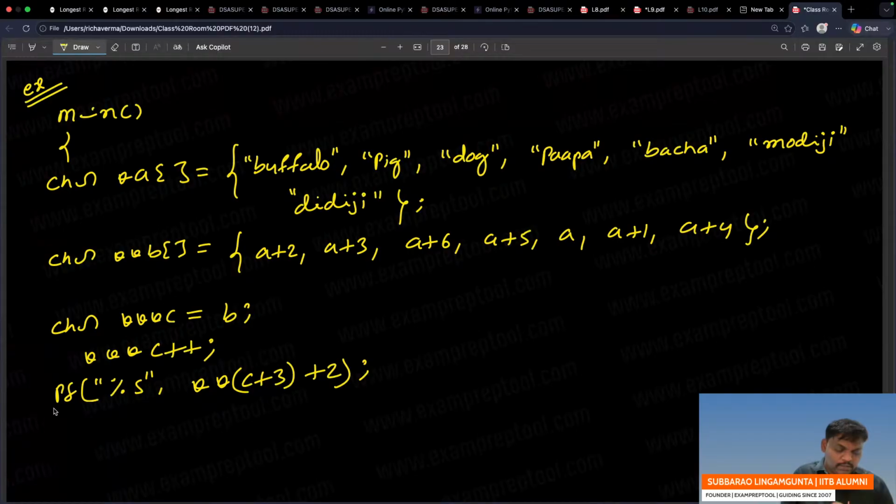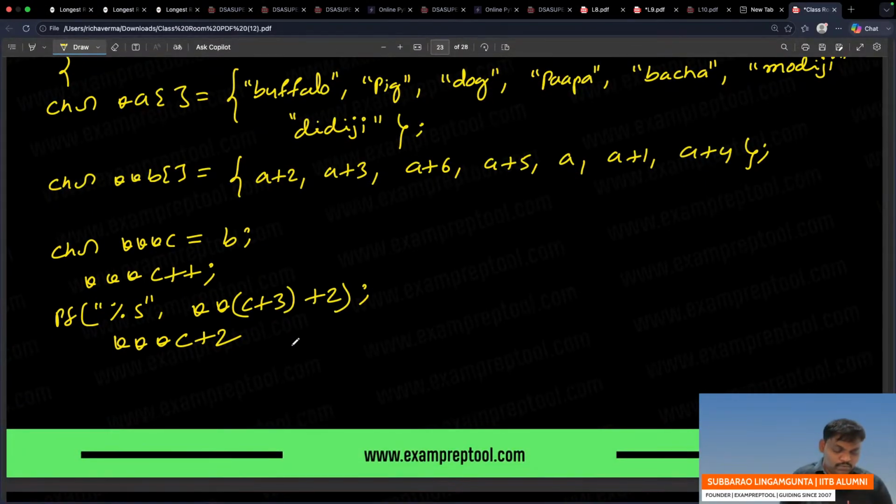Next one, star star star c plus 2. So printf percentage c, star star star c plus 2 plus 5.